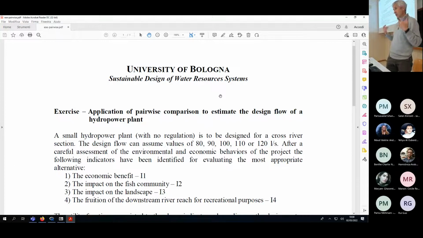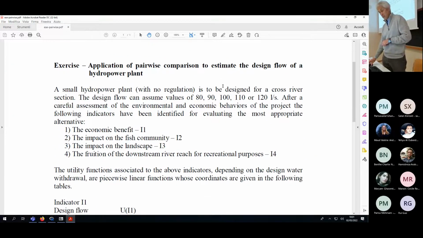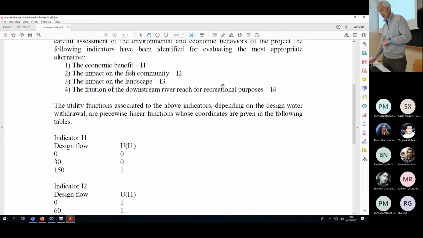How can we evaluate the value? One possibility that I mentioned to you is to use utility functions, and this is what is used here. For each of these criteria, utility functions are given.